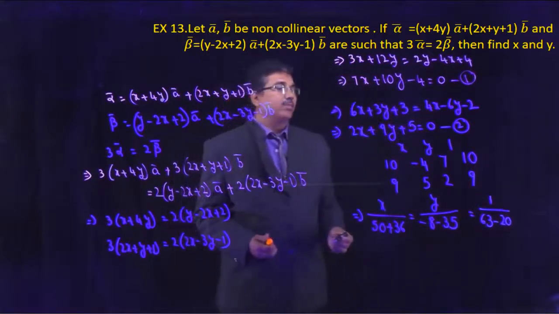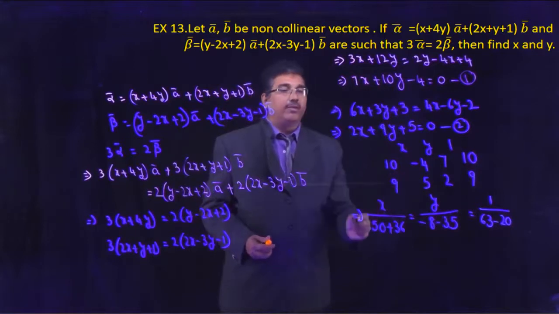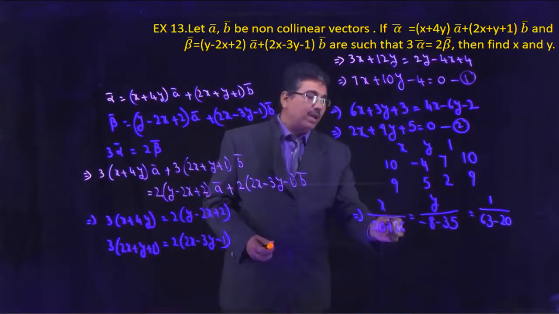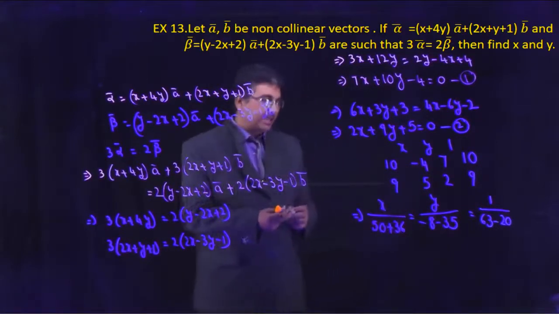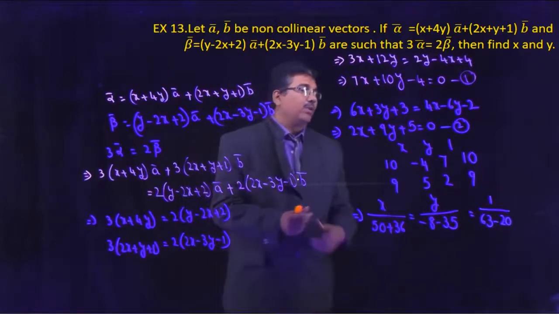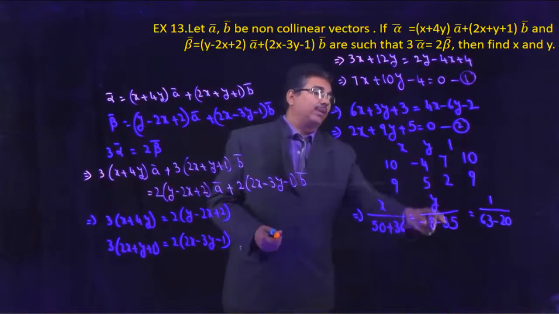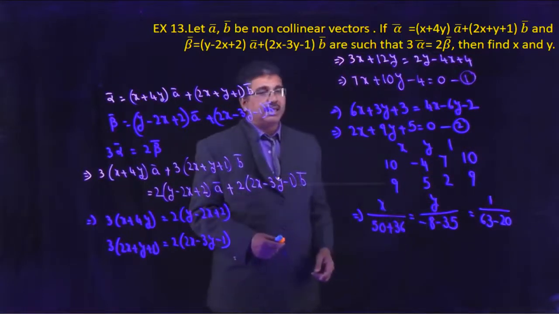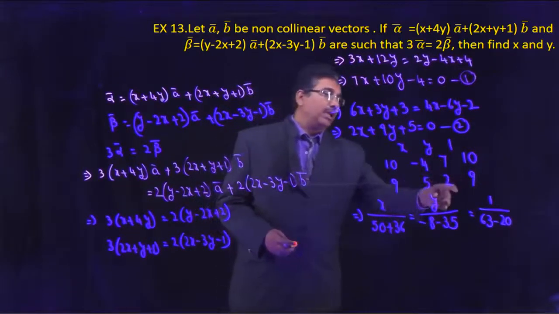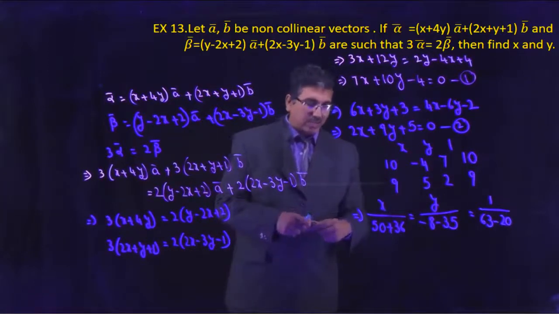So x by 10 into 5, 50, plus 36, is equal to y by minus 8 minus 5 into 7, 35, is equal to 1 by 63 minus 20.